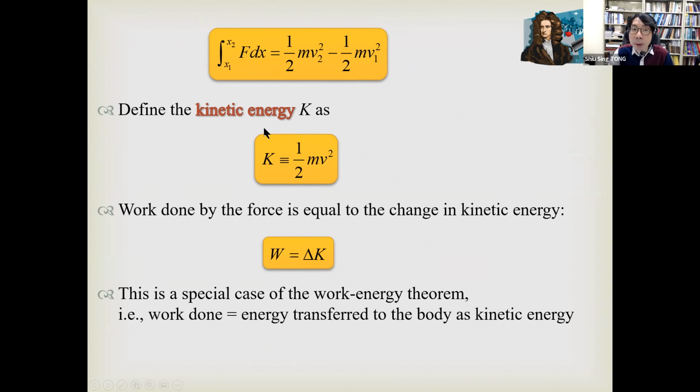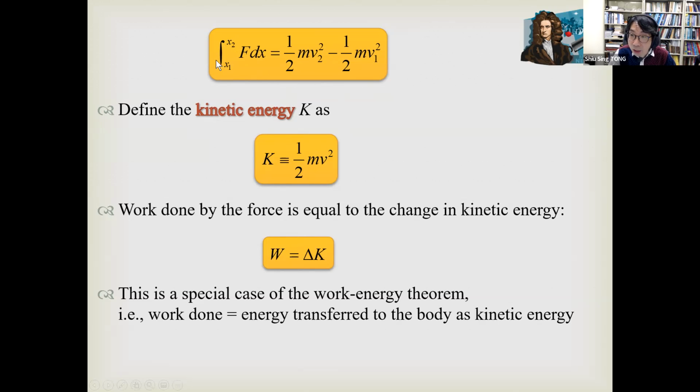And so this is what we define. Actually, after working through this step, we discovered that this object, half m v squared, should be identified as a kind of energy. And that is exactly what we call the kinetic energy. Now, why do we do this interpretation?